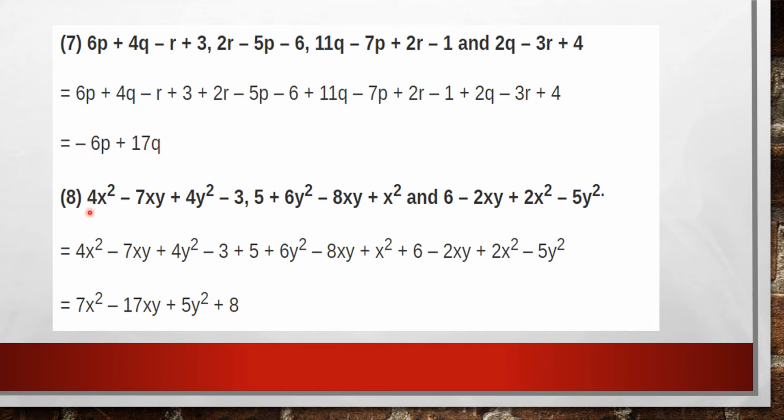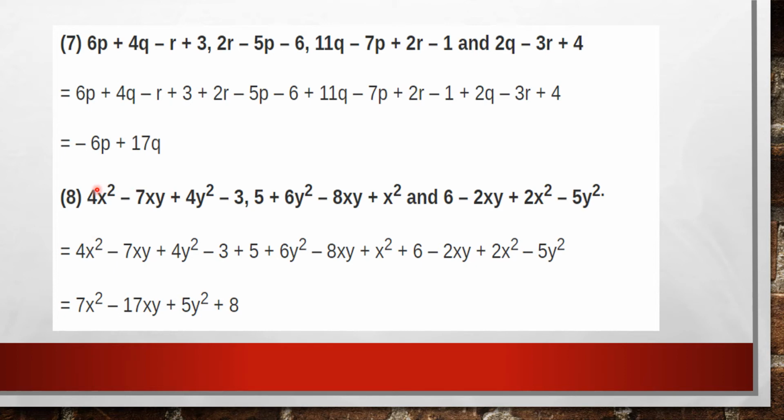We are going for the next problem. 4x squared minus 7xy plus 4x squared y squared minus 3, and 5 plus 6y squared minus 8xy plus x squared, and 6 minus 2xy plus 2x squared minus 5y squared. We are grouping the like terms, that is the x squared terms.